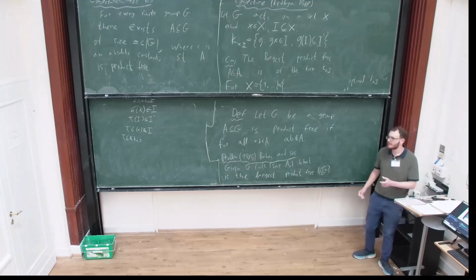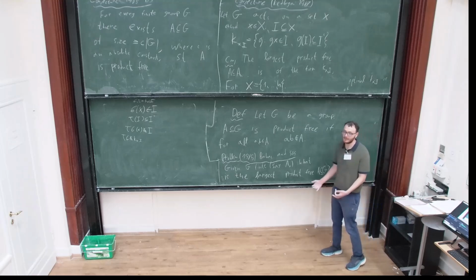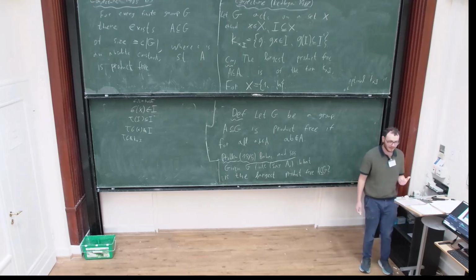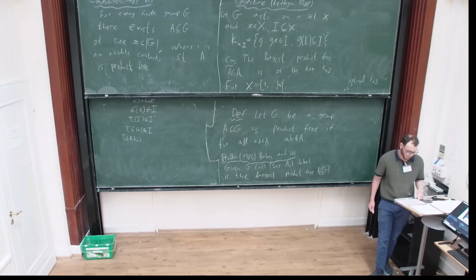The probability that two subsets of size root n are disjoint is a constant. If you take a set larger than that, the probability that they are disjoint becomes much smaller.